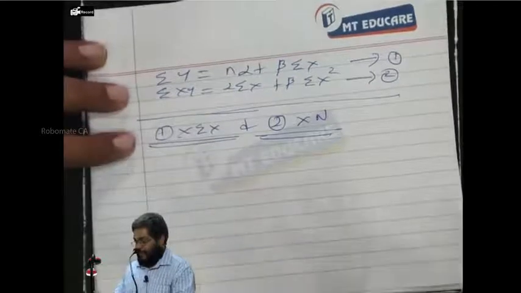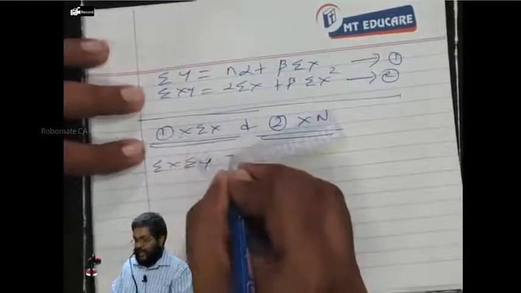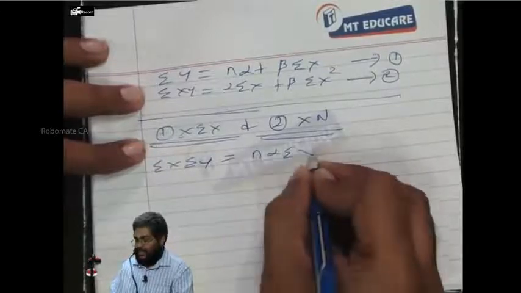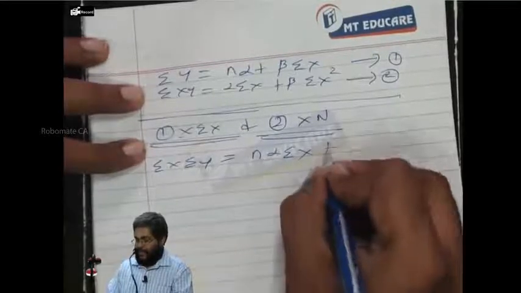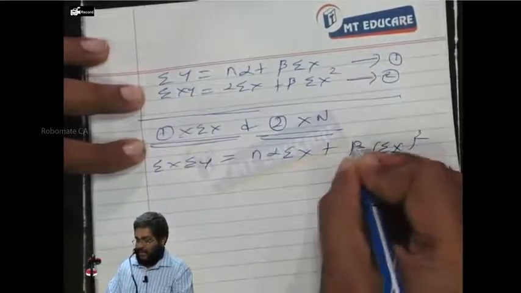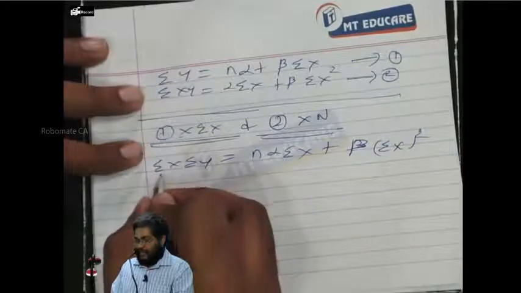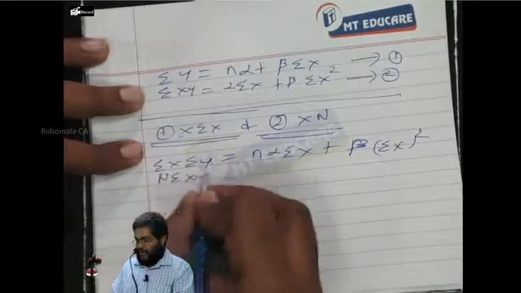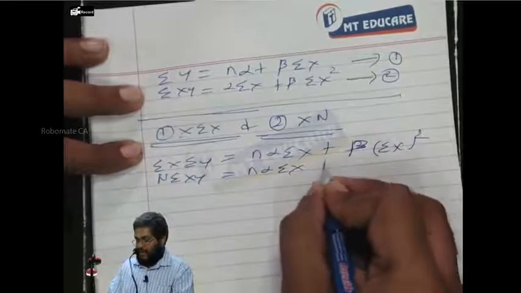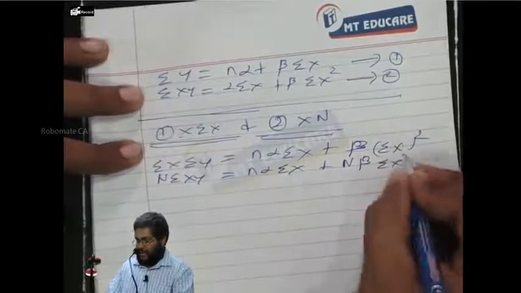Now, please everybody participate. What is the first equation? Sigma x sigma y is equal to n alpha sigma x plus beta sigma x the whole square. Right or not? Now, what is the second equation here? N sigma xy is equal to n alpha sigma x plus n beta sigma x squared.